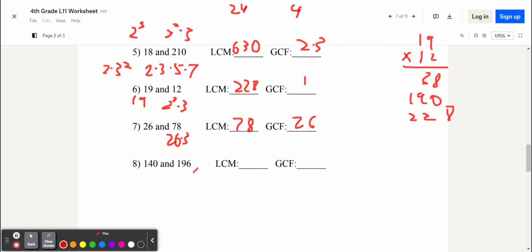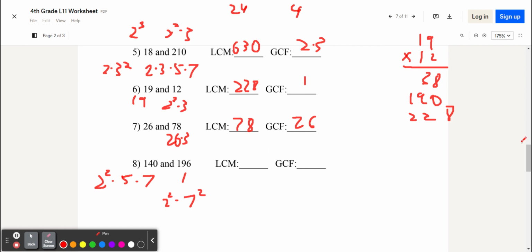And lastly, we have 140 and 196. 140 is 2 squared times 5 times 7. 196 is, I believe, 2 squared times 7 squared.